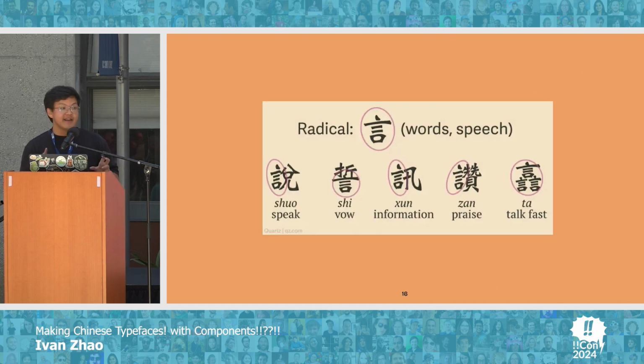Additionally, there's this idea called radicals. Radicals are representations of a potential idea or thought. So this is yan, which is the speech radical. One of the really interesting things about Chinese systems is that with these ideas, you can guess what the character is going to say based off the radical.